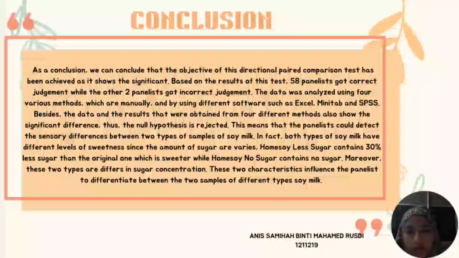Home Soy less sugar contains 30% less sugar than the original one, which is sweeter, while Home Soy no sugar contains no sugar. Moreover, these two types are different in sugar concentration. These two characteristics influence the panelists to differentiate between the two samples of different types of soy milk.